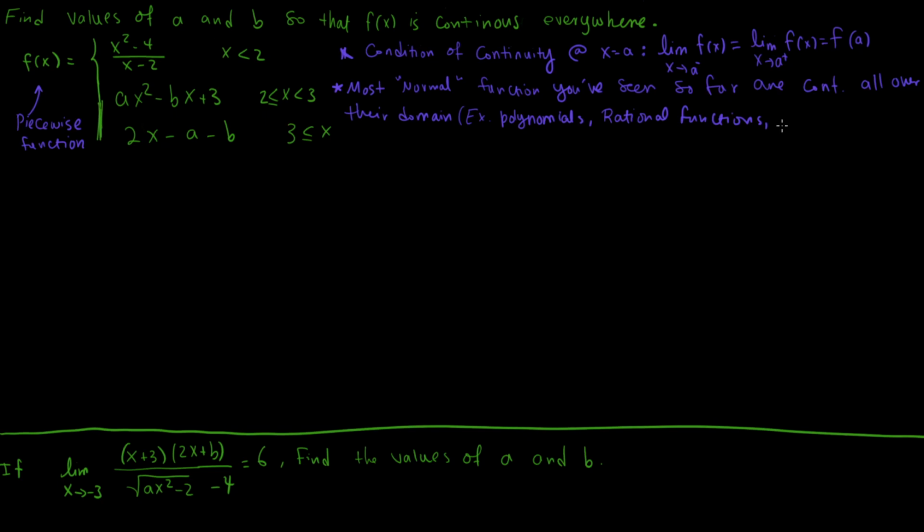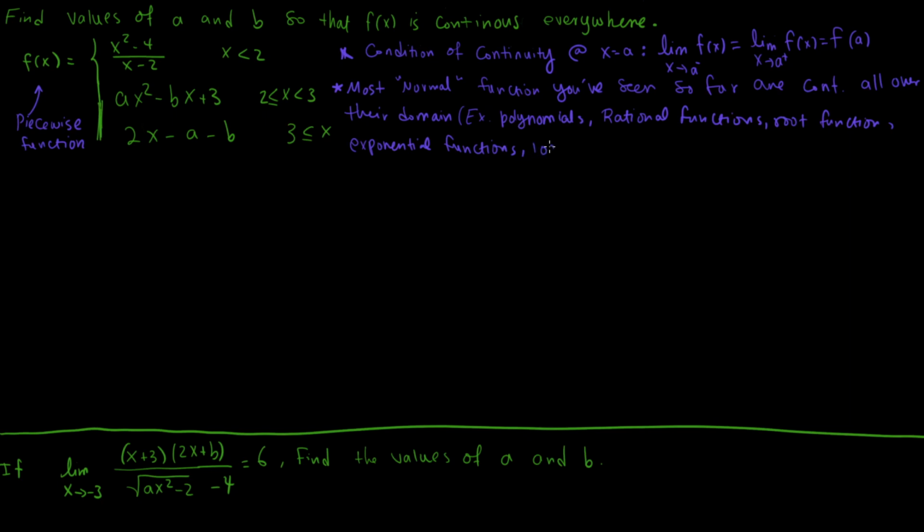So polynomials, rational functions, root functions. So square root of x, cubic root of x, etc. Exponential functions. So things like e to the power of x, 2 to the power of x, 2 to the power of x minus 2, these are all continuous.